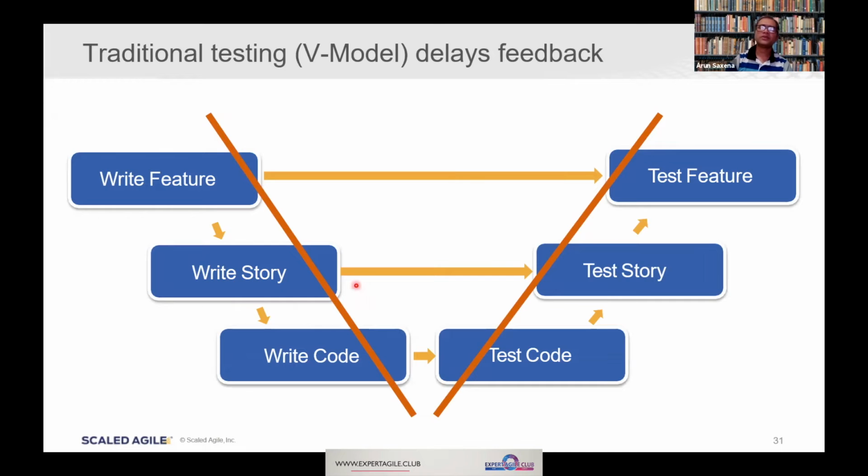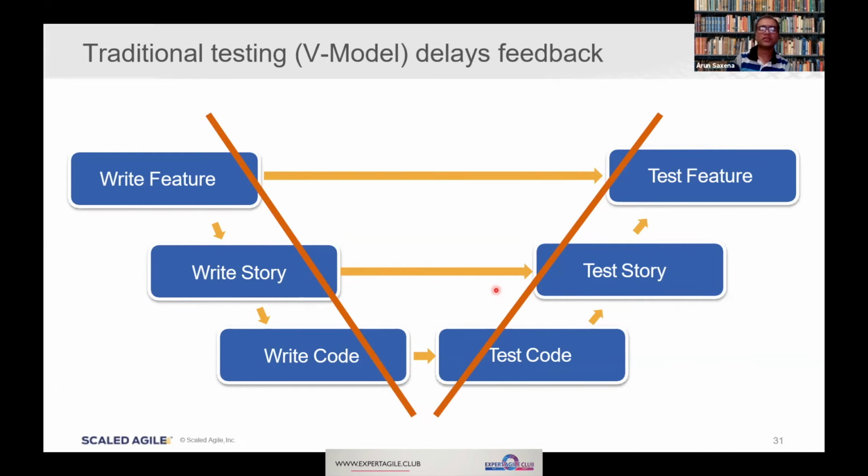In this, what we do, we write a feature, or you can say the system requirements, and then write a story for a software requirement, then do the actual coding, and then the code is tested, and then software requirements are tested, and then functional requirements are tested. But the same challenge we have with the waterfall model, similarly in the V model also, these kinds of challenges are there.